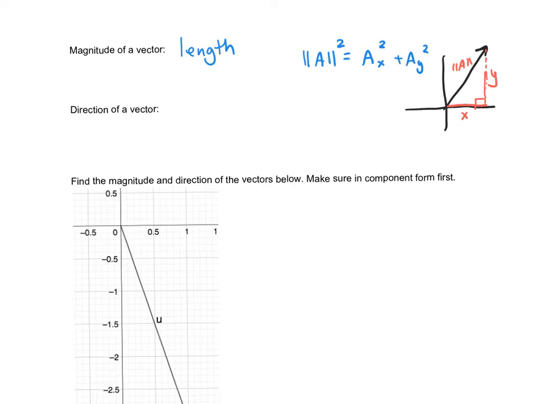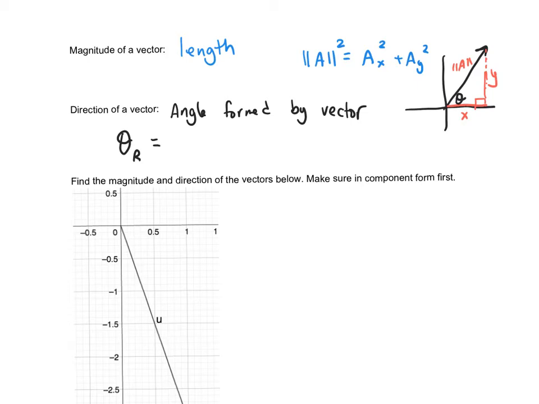As far as direction, we're typically going to think of it as an angle in the coordinate plane. So the direction of a vector is going to be the angle that's formed by the vector. Now, this has a really interesting property, because it doesn't always give us the angle we want. But what we know is the reference angle, theta.